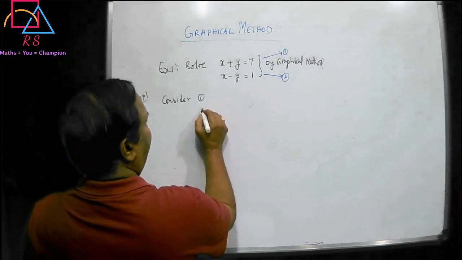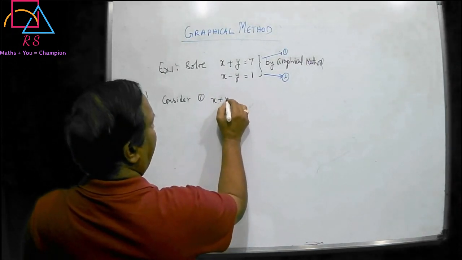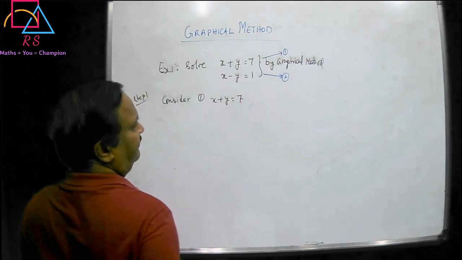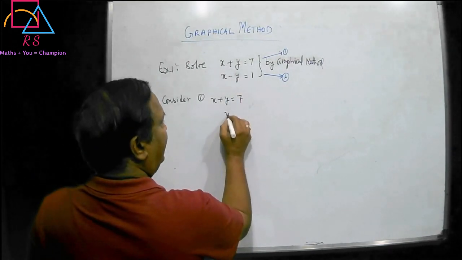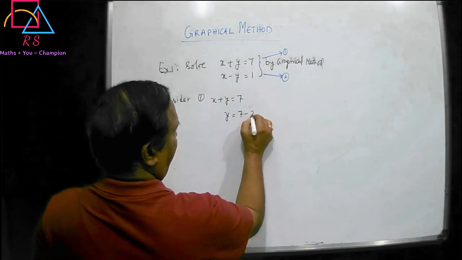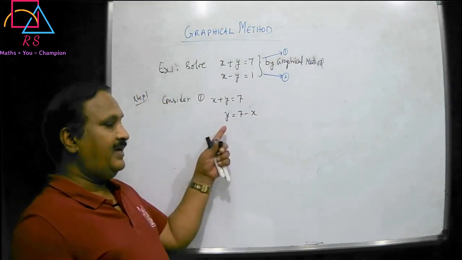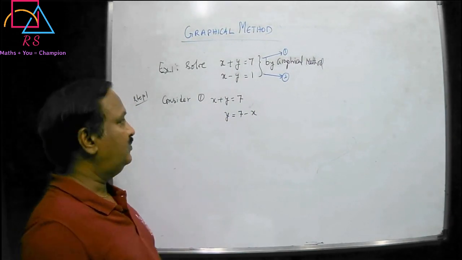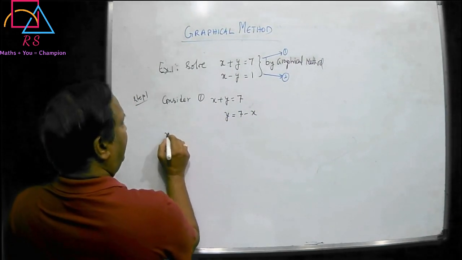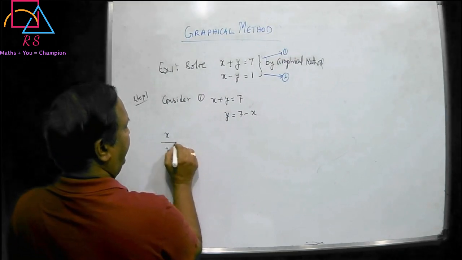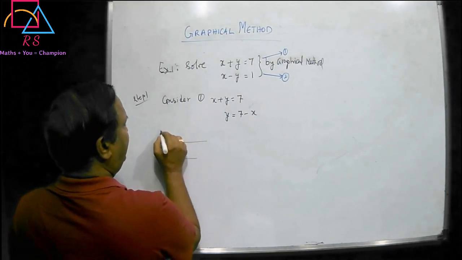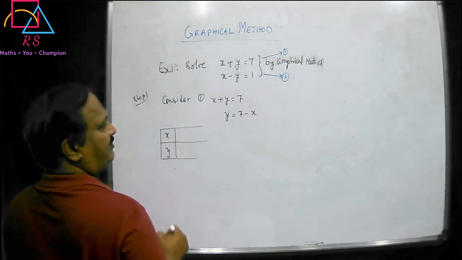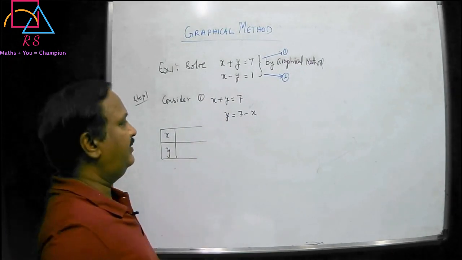Consider the first equation, x plus y is equal to 7. Make y the subject. That means keep y only on the left side, send x to the other side. And then make a table of x, y. That means you need solutions, points which lie on this line.